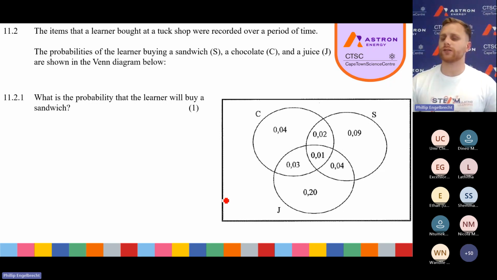Can you guys quickly answer that for me? It is one simple mark. Who can answer that for me? You can just post the answer.